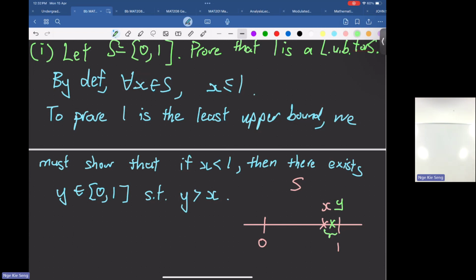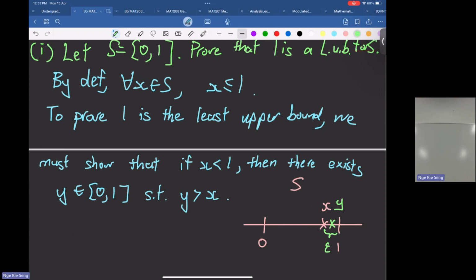Because we know that x is strictly less than 1, meaning there's a gap here. Let's call it epsilon. This is why epsilon is created. Can you use this epsilon gap to build some y that is greater than x?